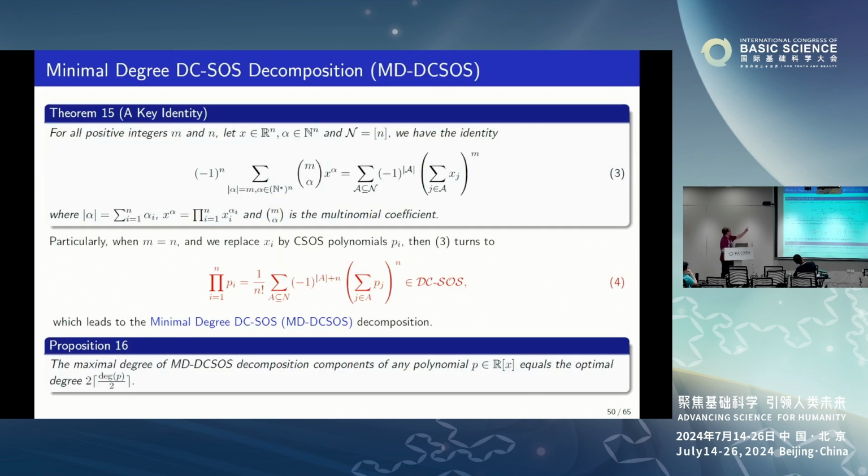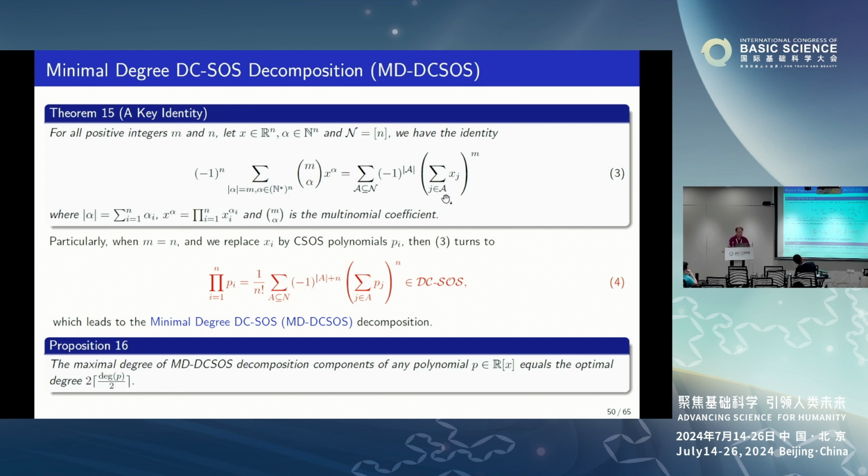It's based on this K identity. In this identity, you can see that it's true for any integers m and n. And you see that the left side is the sum of some homogeneous monomials, and the right-hand side is the sum of powers of linear forms, the sum of x, xj, of power m. So you see there is an equivalence between them.